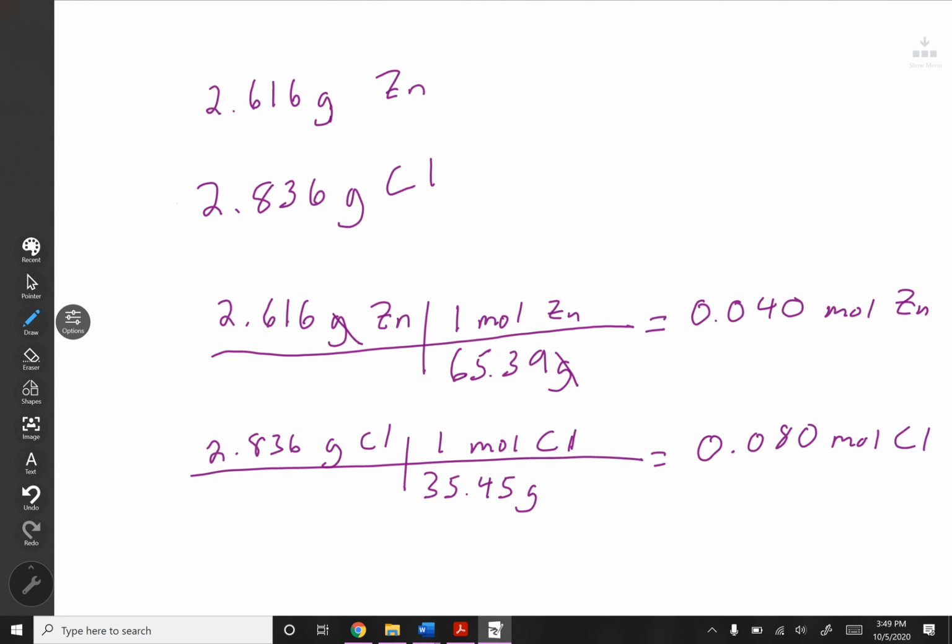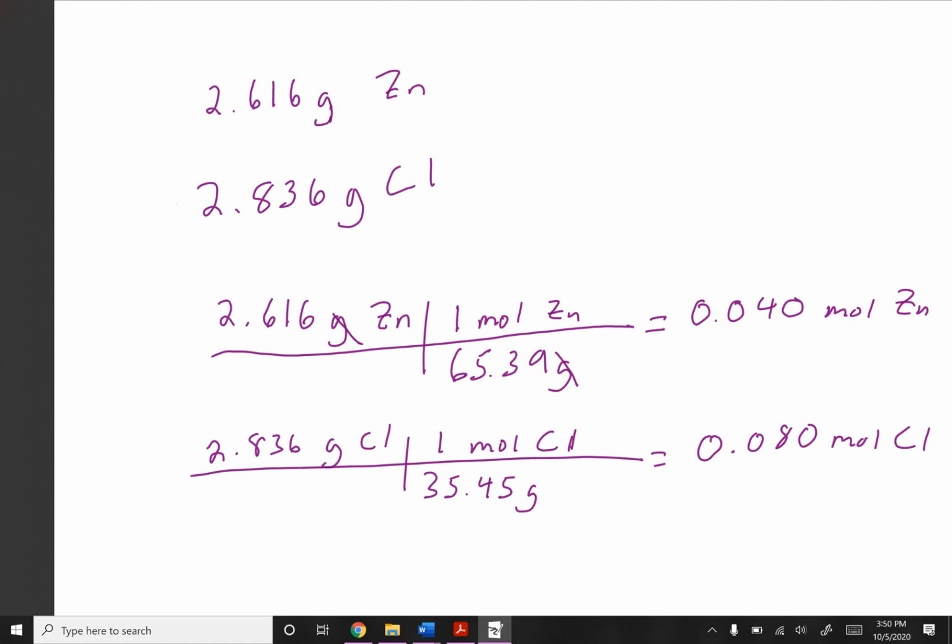That was the first step, going from mass to moles. Now we look by inspection at the two numbers to see which one is smaller. I'm comparing 0.04 and 0.08, and obviously 0.04 is smaller.